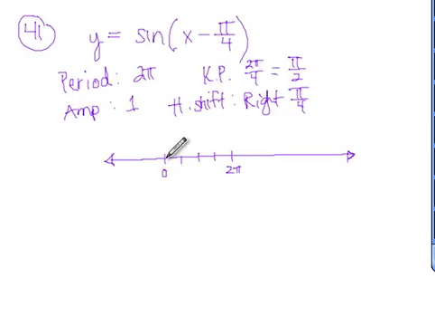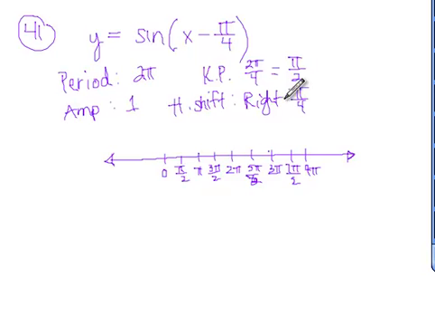Okay, so normally my start would be on 0, and I know I would have 4 key points, and they are going by pi halves. 2 pi halves, which is just pi, 3 pi halves, 4 pi halves, 5 pi halves, 6 pi halves, which is going to be 3 pi, 7 pi halves, and then 8 pi halves, which is just 4 pi. Okay, I did simplify it this time.